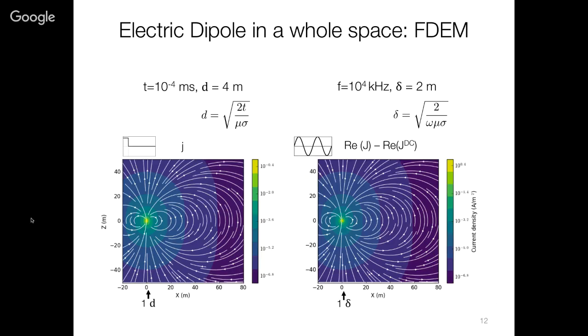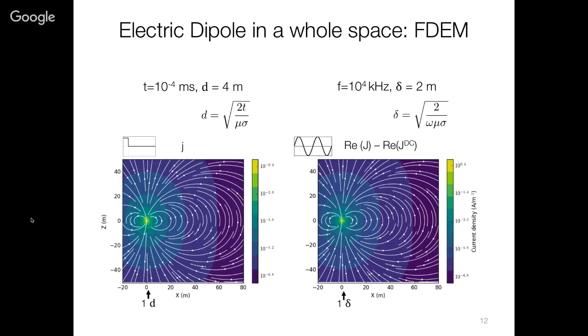A good way of transforming between the two, it's not exact but it's okay, is this: if something is happening in the time domain, let's say at 10 to the minus 4 milliseconds, then that's kind of the same as a frequency domain experiment at 1 over this. So that would be 10 to the 4 kilohertz.